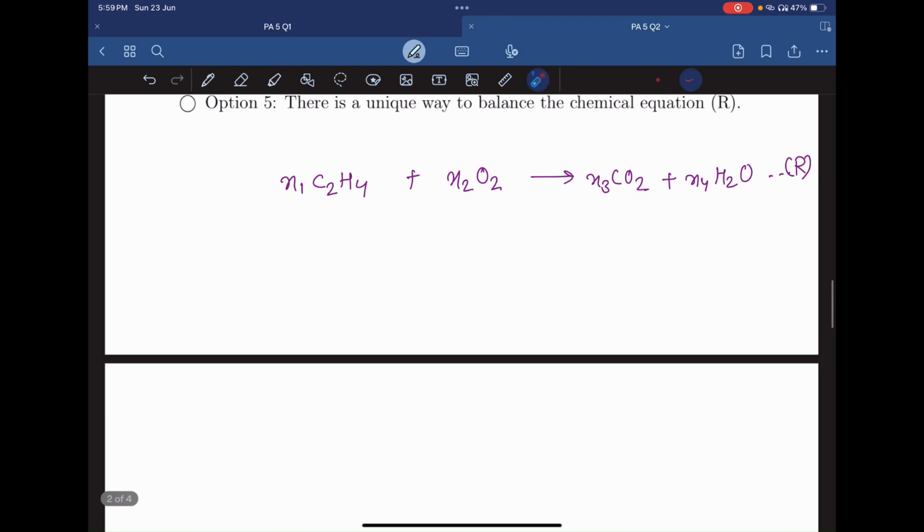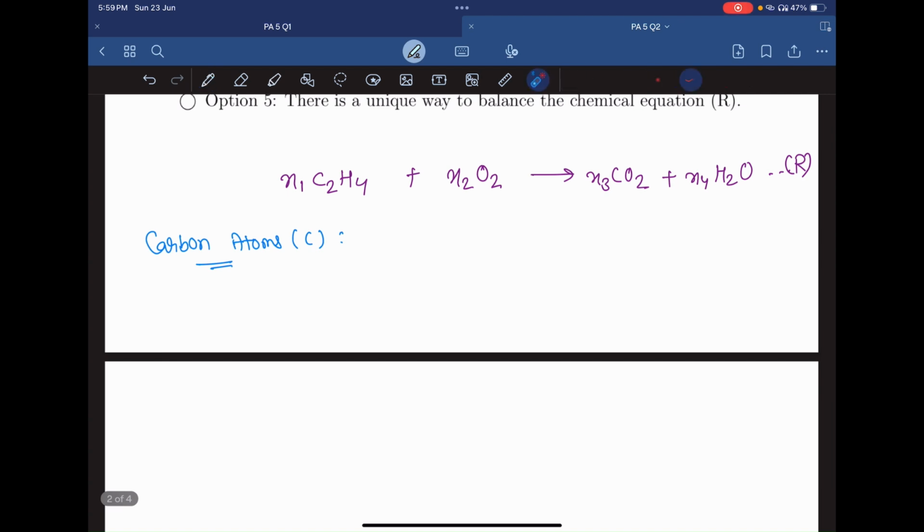Now let's first check for carbon atoms, that is C. So we have 2x1 carbon atoms on the LHS and x3 carbon atoms on the RHS. So our first equation would be 2x1 is equal to x3.